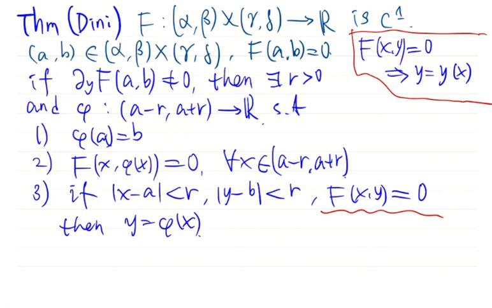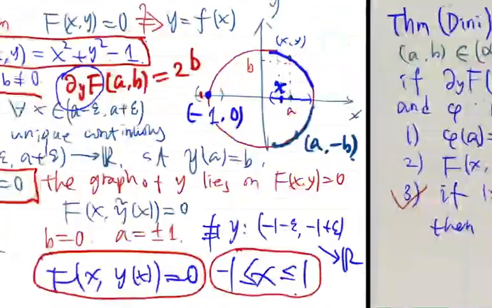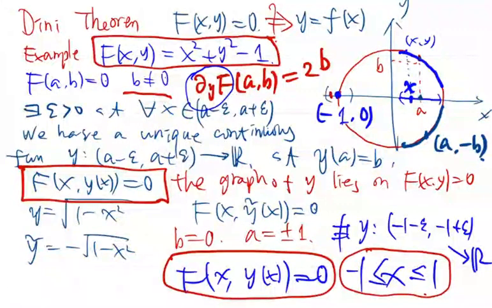If you do not want the uniqueness, without requiring the function phi to satisfy the third property, we could have more than one. For example, in our unit circle example here, for the a here, we have this pair of functions y and y tilde.